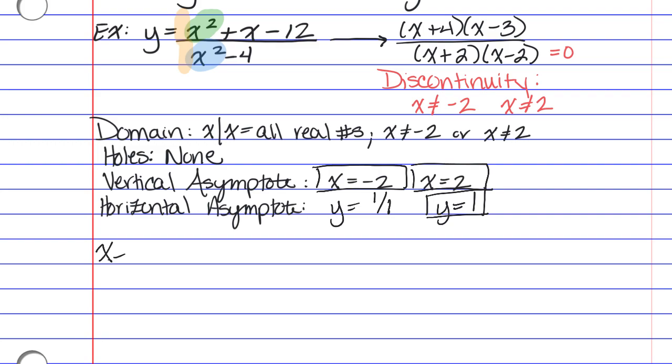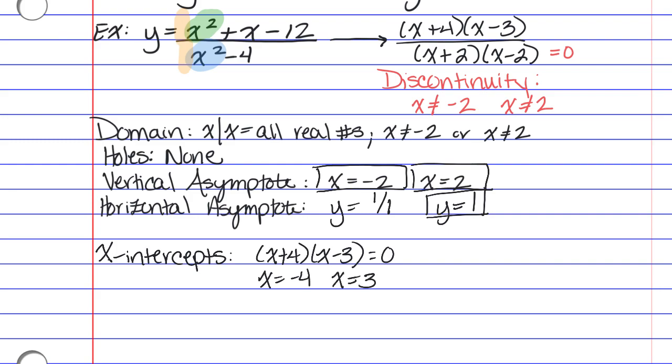I do want to find my x-intercepts, which means I need to set my numerator equal to 0. I'm going to use my factored form, set it equal to 0, so I have an x-intercept when x is equal to -4 and when x is equal to +3.